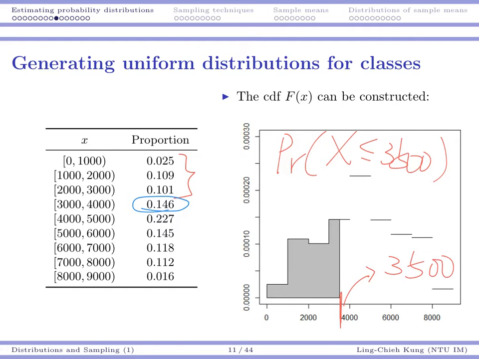Okay, so that means I'm going to sum up the first 3 values and then plus 0.073 into that particular probability. That's going to give me roughly 0.308, okay, according to my histogram or according to my CDF.